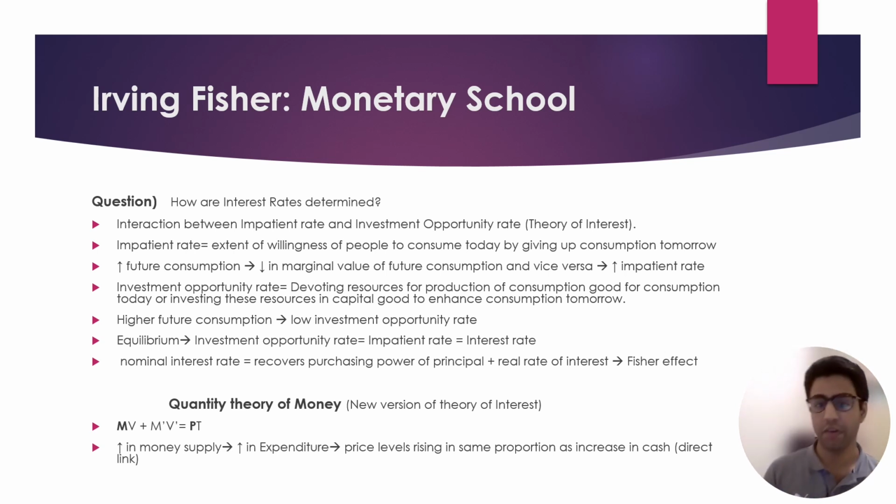So if you increase the money supply, then we move away from the equilibrium expenditure point, and we are moving towards excess expenditure. So to bring the demand down, the prices in the economy rise. So there's a direct relationship between money supply and price.